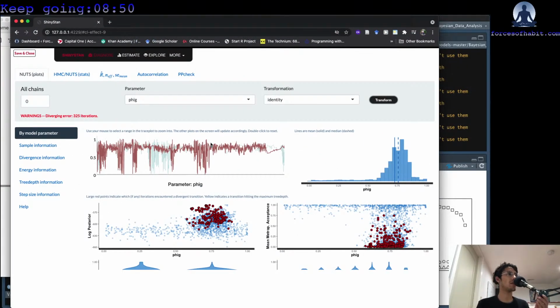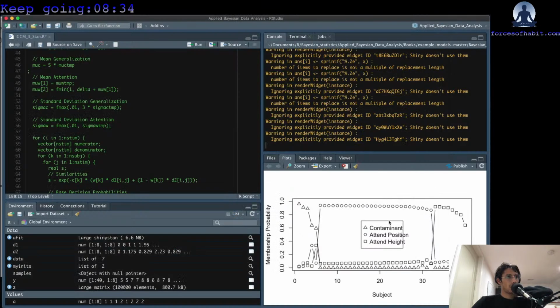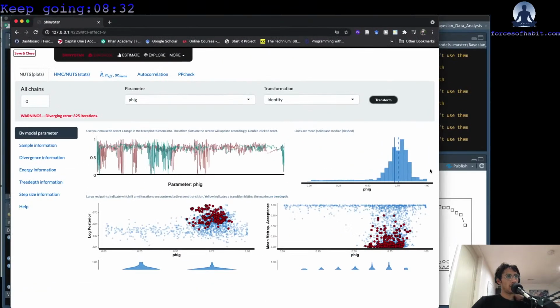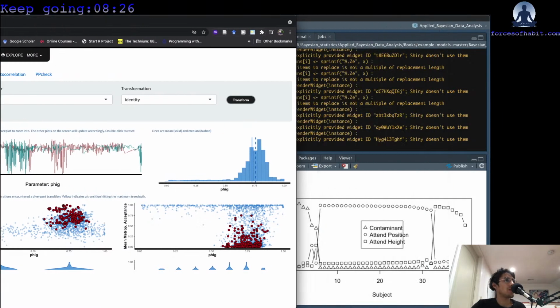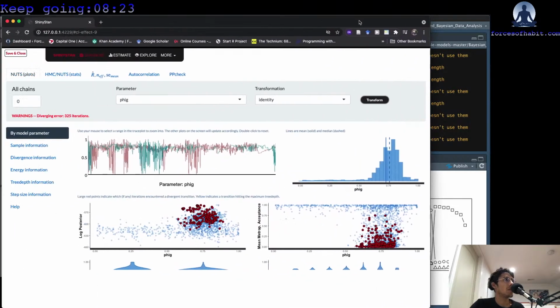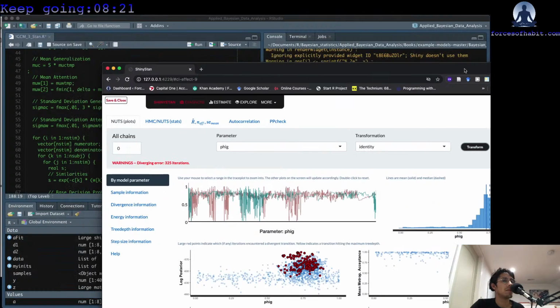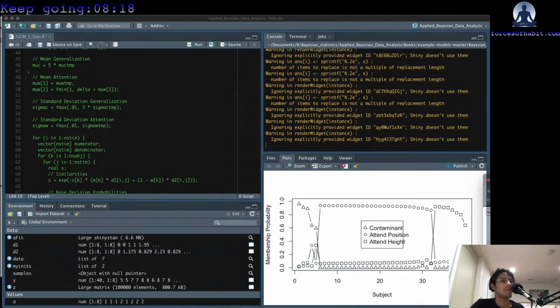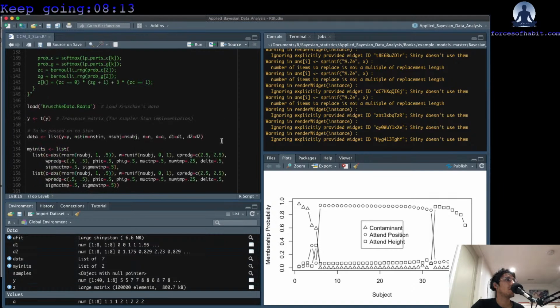Let me just think about this. Here's Fiji. Probability is high. So the probability that people are in the attend position group is higher here. But we want to know the proportion, right? So we want to know group membership. Or can we identify group membership?